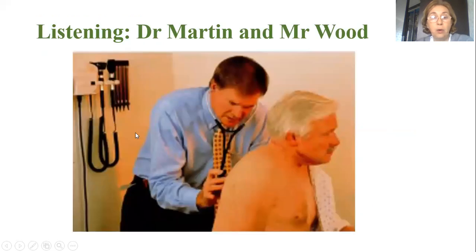And now we are going to start listening to Dr. Martin and Mr. Wood. We can see them in the picture here on the slide. So what is the doctor doing? He's examining his patient.